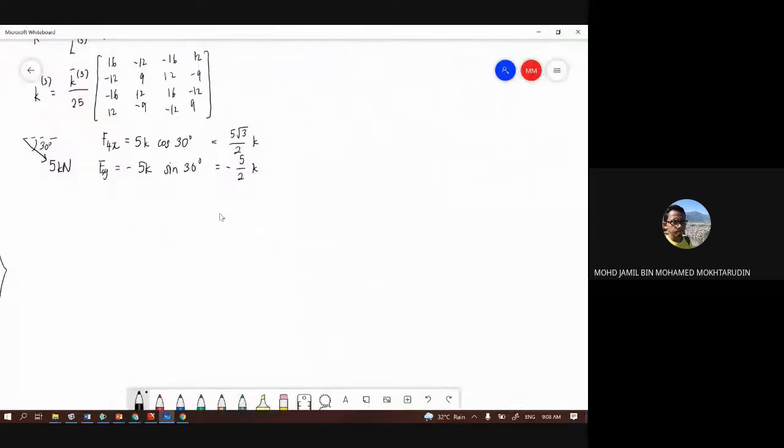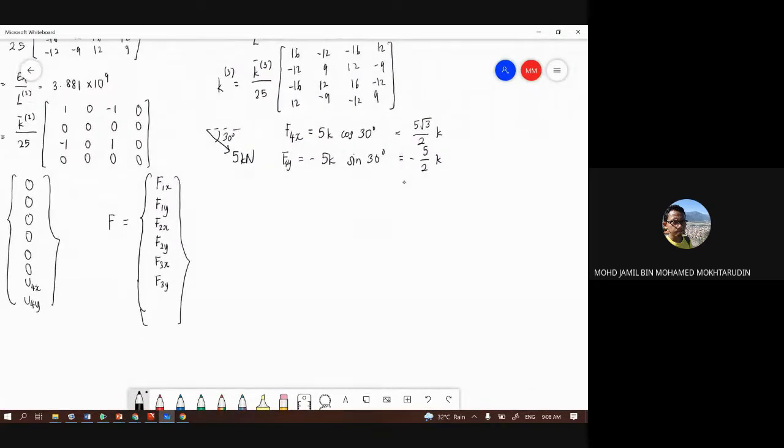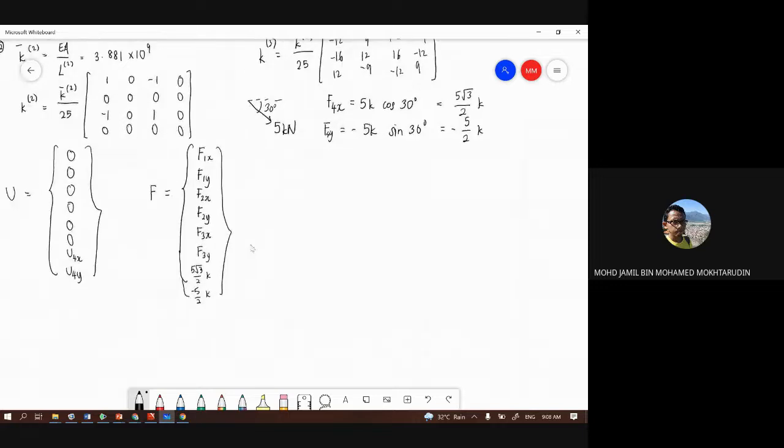So we can substitute the forces. Okay, so the question asks you to find the displacement at node number 4, because we have found the displacement at the other nodes. So we need to find u4x and u4y.